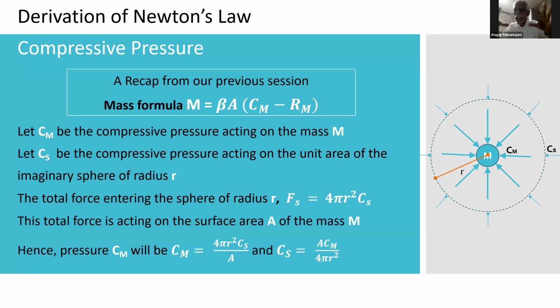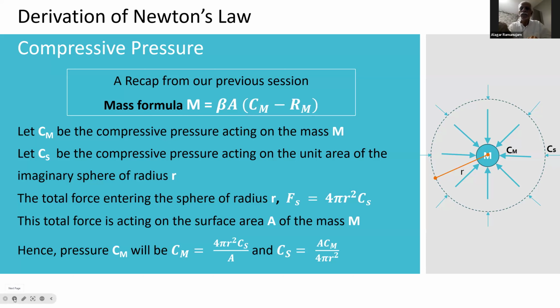The space is converging on the sphere, and it gives a total force of A into Cm. This much force enters the outer sphere before it arrives at the mass. So at the outer sphere, the total force entering is A into Cm divided by the area, 4 pi r square, and that will be Cs.